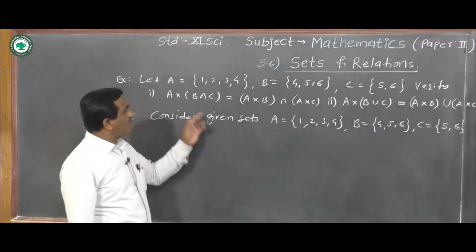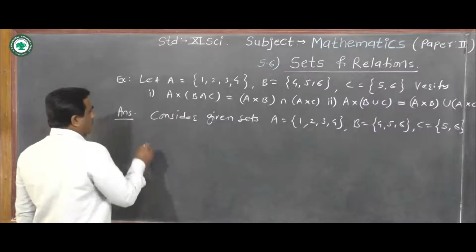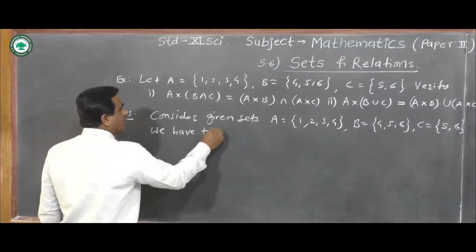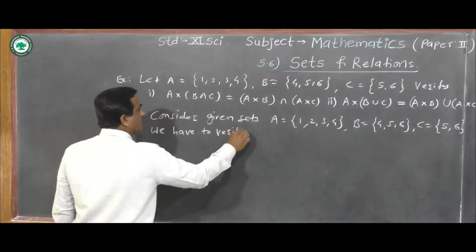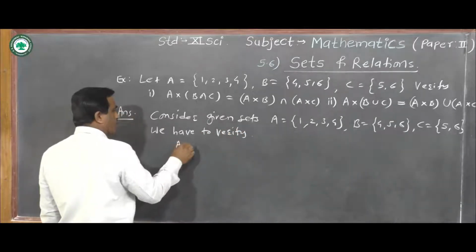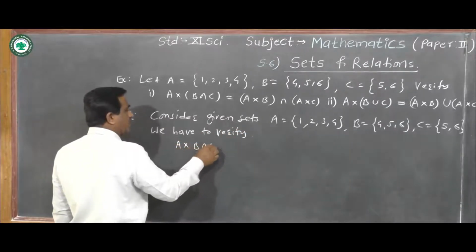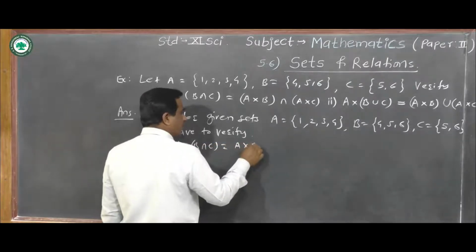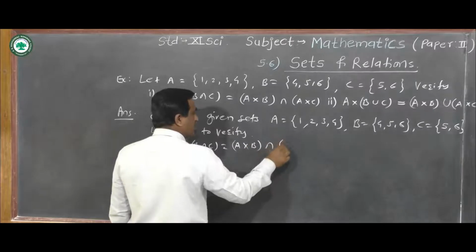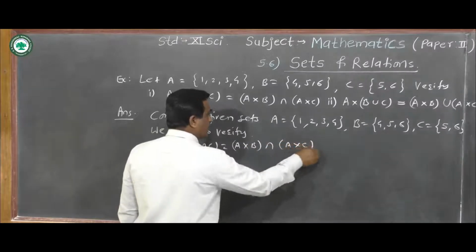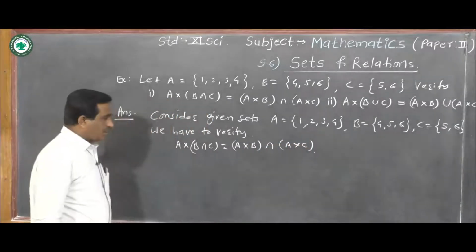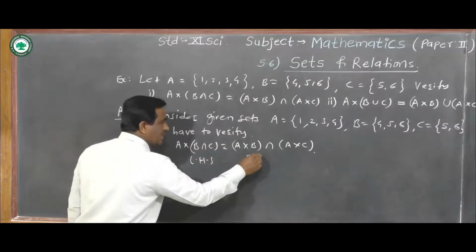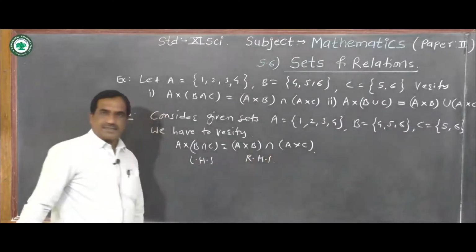Now first we have to verify this result: A cross B intersection C is equal to A cross B intersection A cross C. Now we say this is LHS, left hand side, and this is RHS, right hand side.